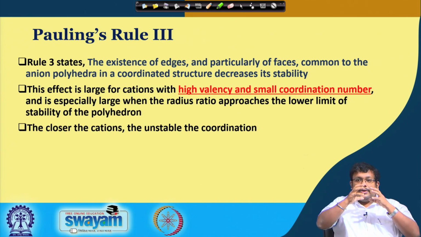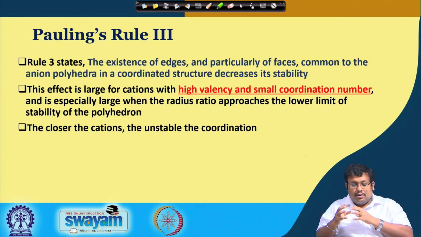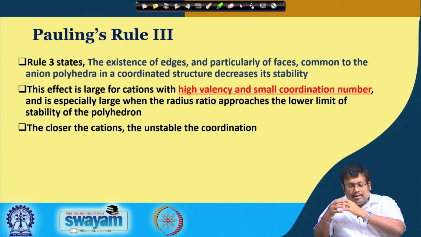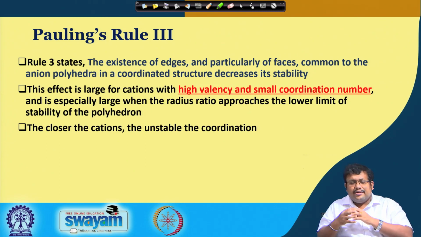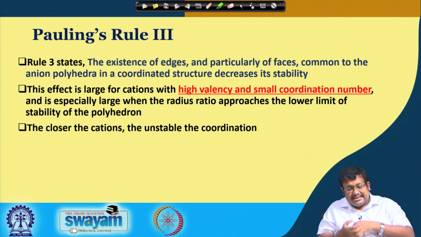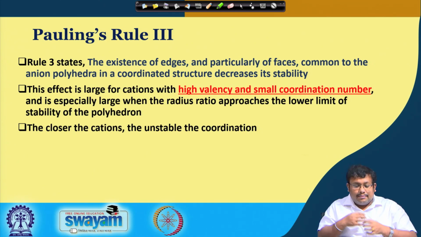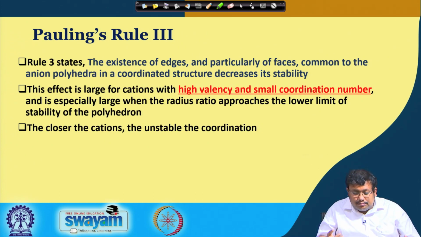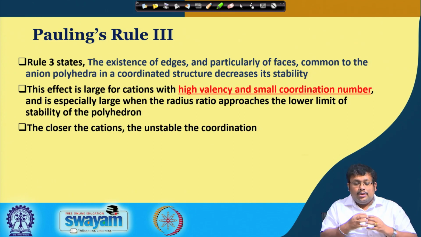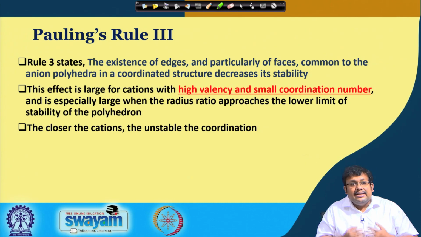So, as these different coordinated polyhedra share their edges and their faces, we get a notion that when they are joining together by sharing their faces, obviously their stability will decrease.